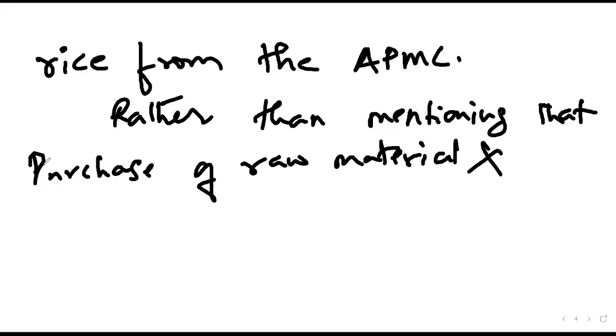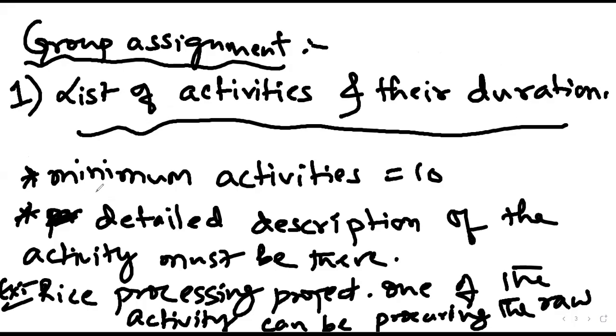The proper description has to be there. Are you getting this? Let's assume the next activity is purchase of machineries. Machineries for what purpose? That has to be properly mentioned, right?